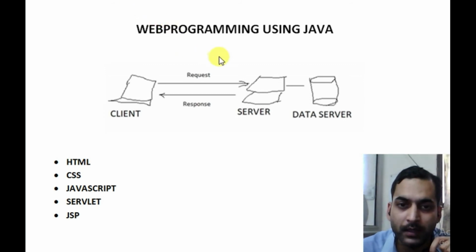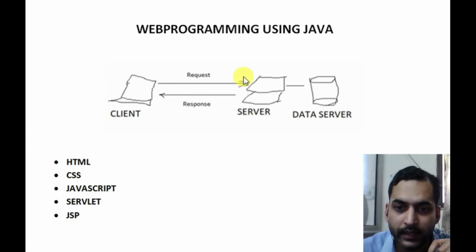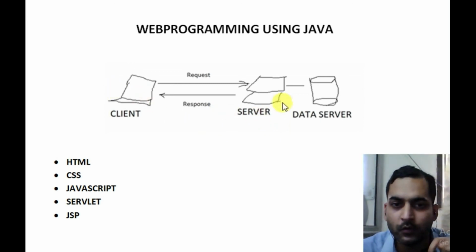If we further define the servlet, servlet is simply a Java class which is used to extend the capability of a web server. What is the meaning of extending the capability? Without the help of servlet, it can serve only static pages. In that case, it will function as a file server. It requests for some static page, and it simply returns that page.